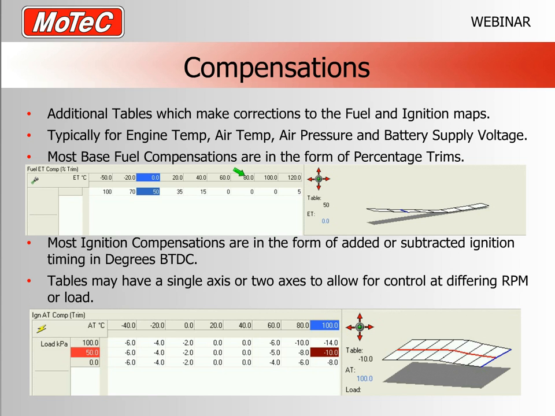Once again, this relates to manifold pressure, and that means at lower load, for example idle throttle, at very high air temperatures, we might retard the engine by 6 degrees, and then at full throttle at 100 kPa, we might take out 10 degrees. So this is a protection mechanism. Again, this allows us to build a complicated adjustment or correction or compensation for different factors that may affect the overall ignition timing or the overall fuel pulse width.